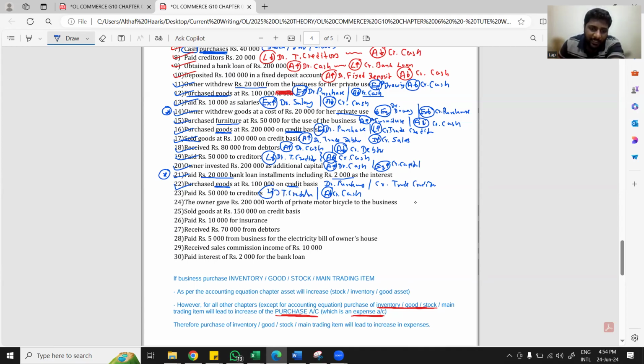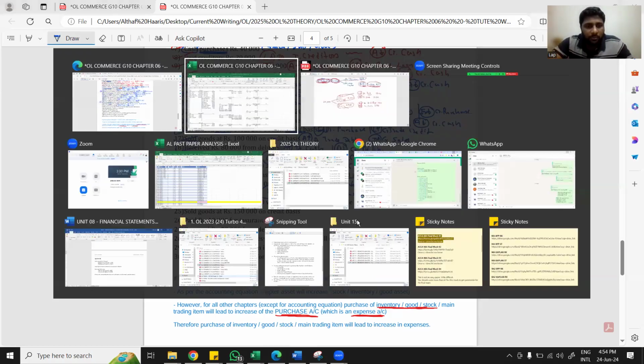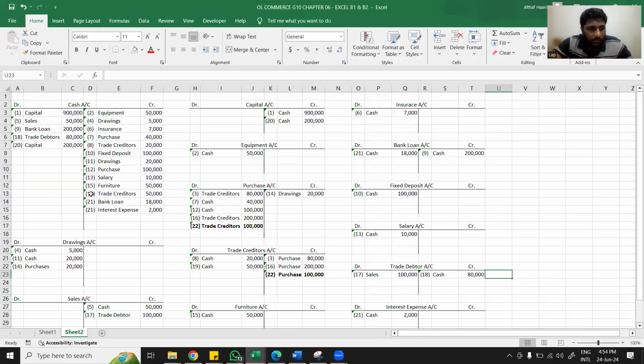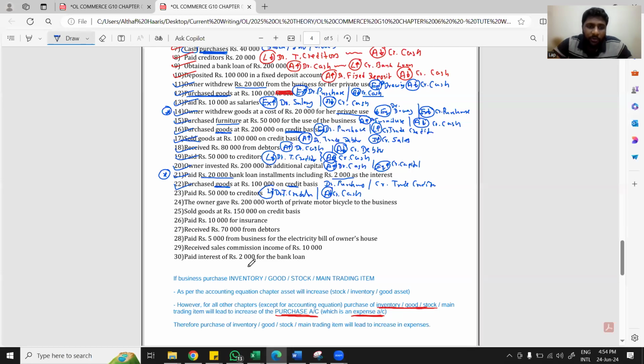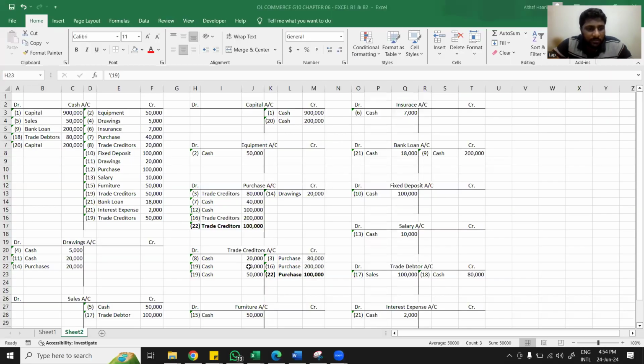Creditor liabilities decreasing. Liability decreases, debit. Same as transaction 19. No difference. What's the amount? Amount also same, 50,000.